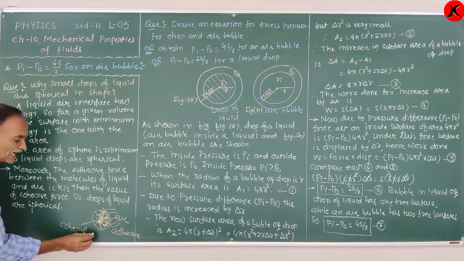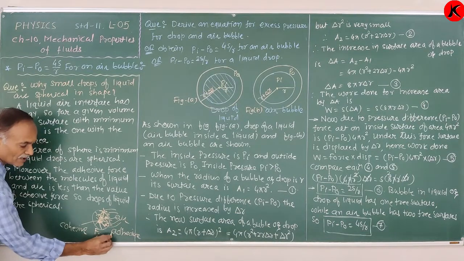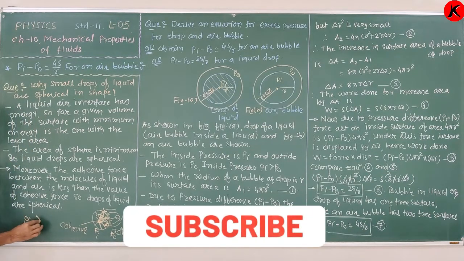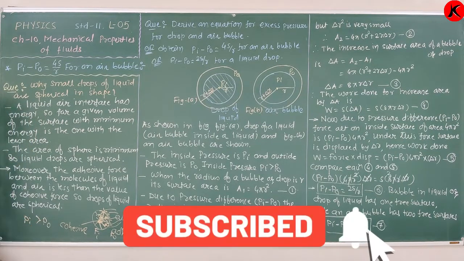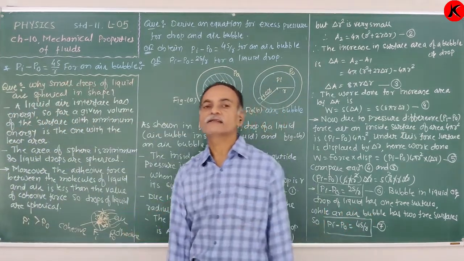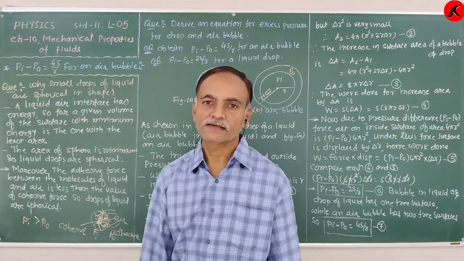Here the force inside is more compared to the outside force. Fi is more than Fo. Therefore, the inside pressure is greater than the outside pressure. Inside pressure is always greater than the outside pressure.